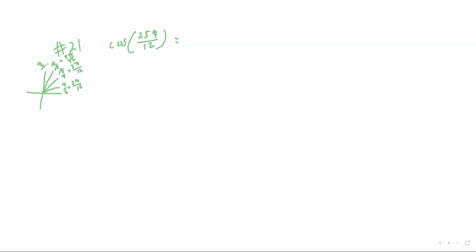This is pi halves, which is the same thing as 6 pi 12ths. That's not going to give me too much. Let's kind of keep going. This would be 2 pi thirds, which would be the same thing as 8 pi 12ths.